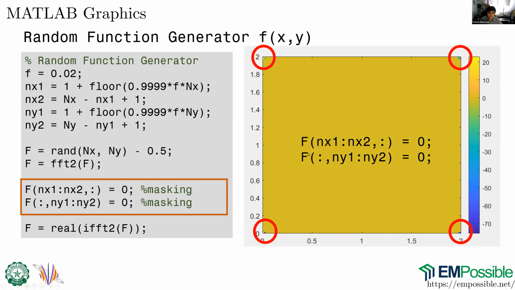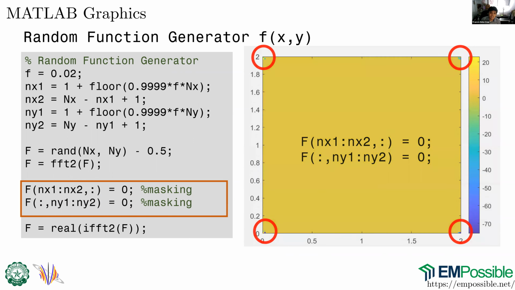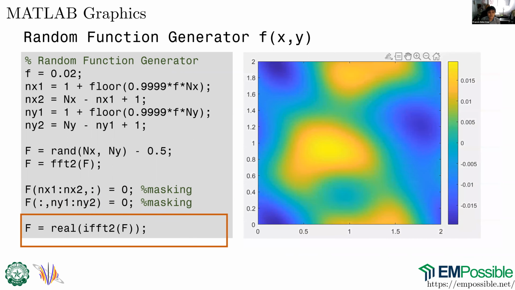And if we use an IFFT, the inverse fast Fourier transform in 2D, you will get this beautiful random function. When you do a Fourier transform, you have real and imaginary values, and in MATLAB you cannot plot them at the same time.